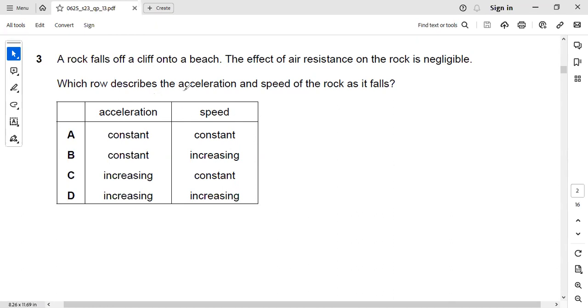This acceleration will always be uniform, or here we can say constant. And what about the speed? When a body is falling freely, the speed or the velocity keeps on increasing. So the right answer is B. Acceleration is constant and speed is increasing.